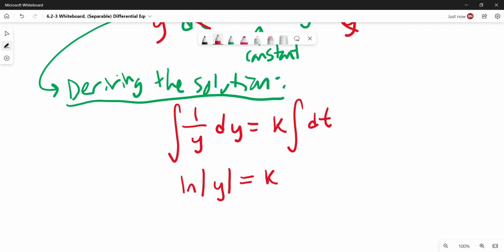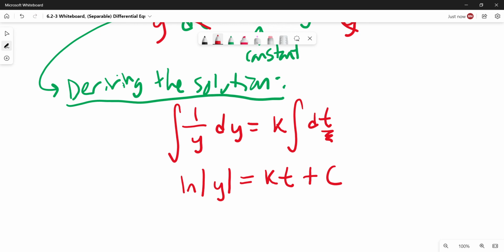The antiderivative of 1 is normally x, but here the variable is t, so it's kt plus c. There's our unknown constant.